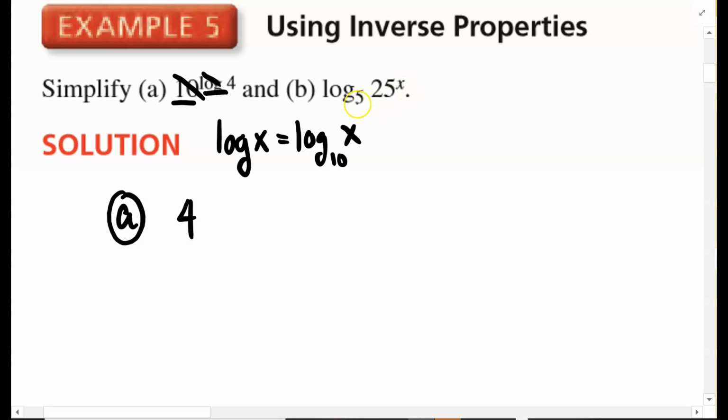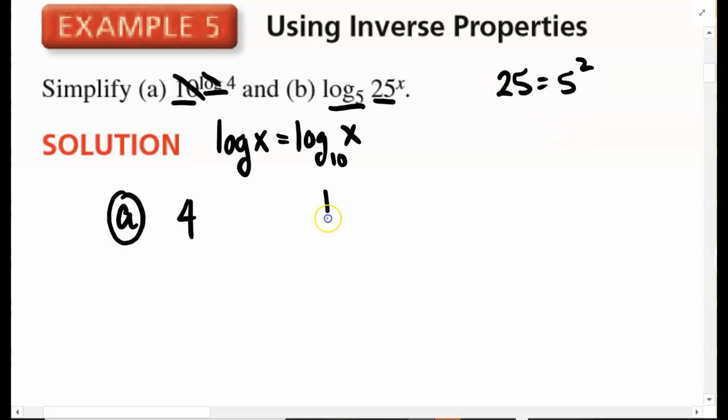Now here, what effect does the log base 5 have on a base of 25? Well, you'd think nothing because 25 and 5 are not the same number. But could you write 25 with a base of 5? I'll give you a second to think about it. Okay, so 25 can be written as 5 squared.